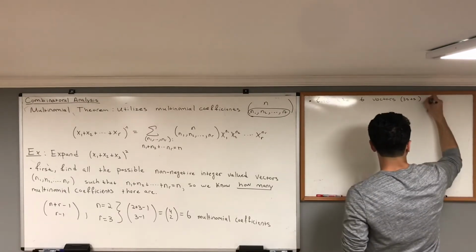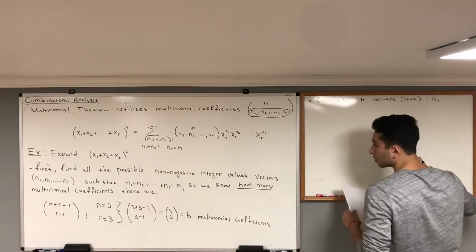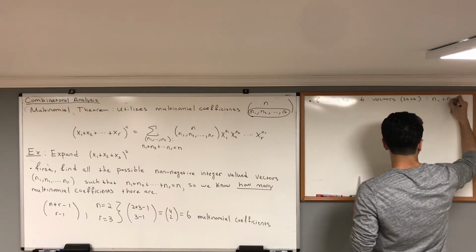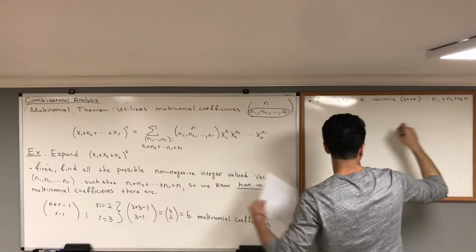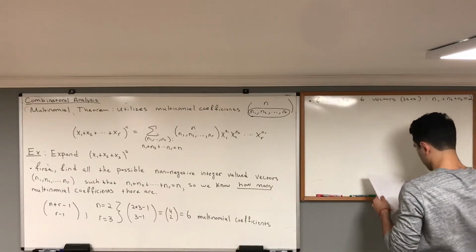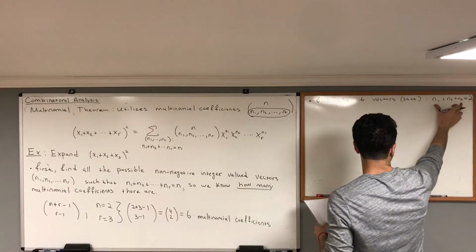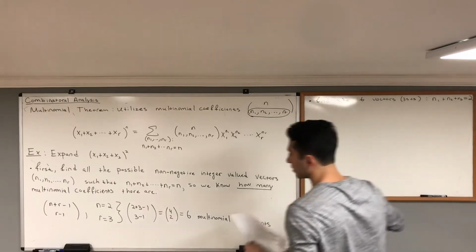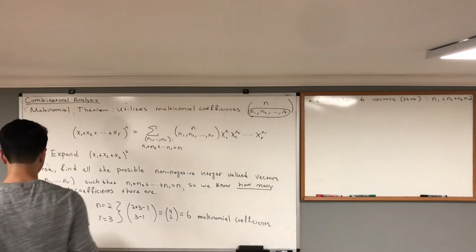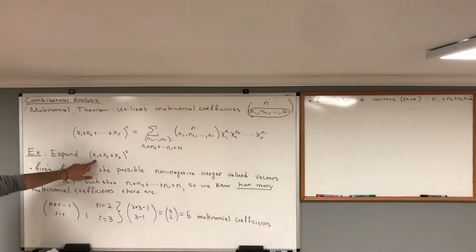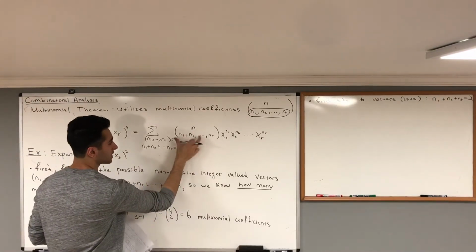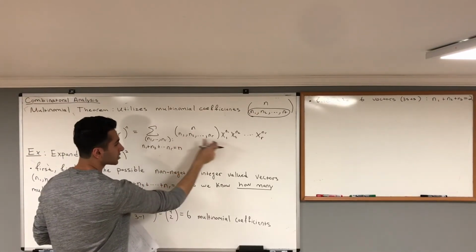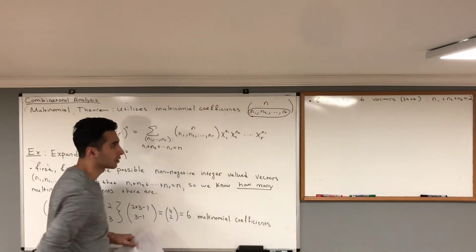such that the sum of N1 plus N2 plus N3 equals N, which is 2. Why do we only have 3 N's, I mean N1, N2, N3? Because we have 3 groups. And as I told you before, we always have the same number of N1s, N2s, and so on as we have X's.